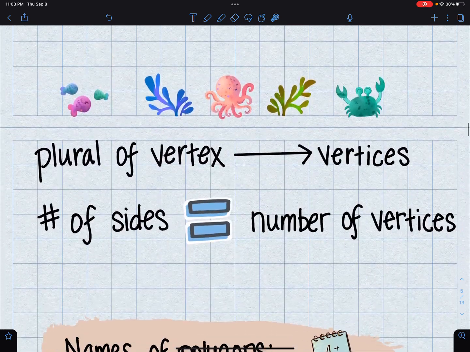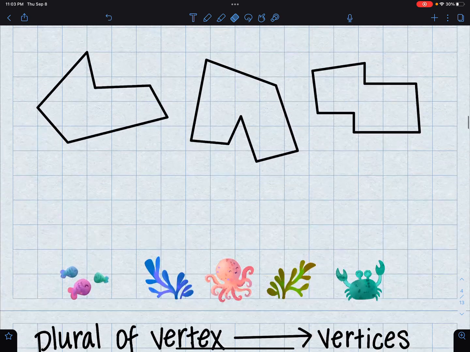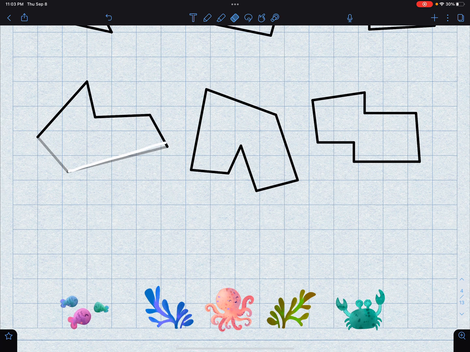All right, let's look at a couple of vocabulary words here. One of them I already told you is the word vertex. Each segment of a polygon, so when I say segment, I mean this part, a line, the side of the polygon. This is called a segment.